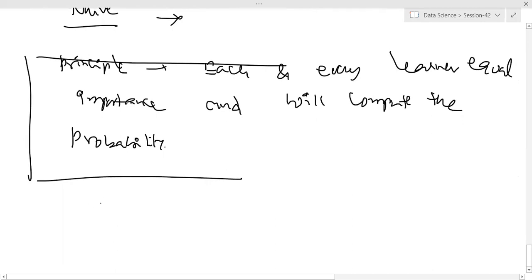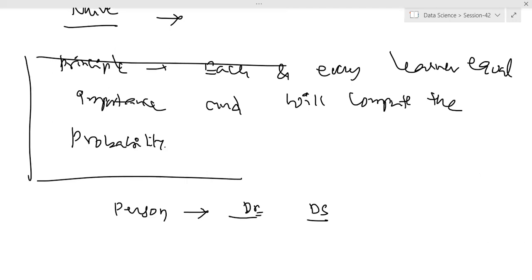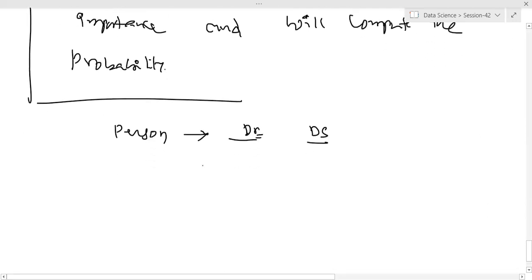Suppose I'm having 2 possibilities. Suppose a person is there, and can this particular person fit into data engineering or data science? As an interviewer, I have interviewed him, because in data engineering we need to test his Hadoop, Hive, Sqoop.